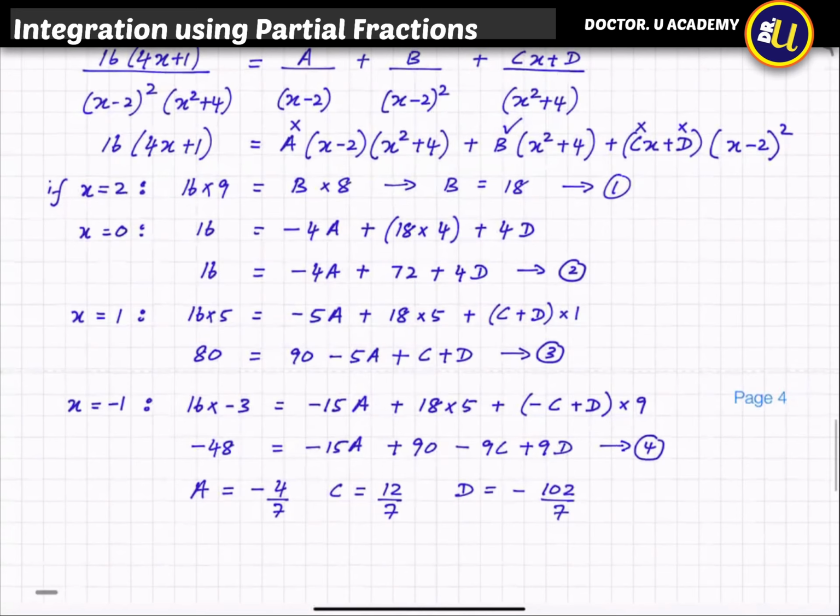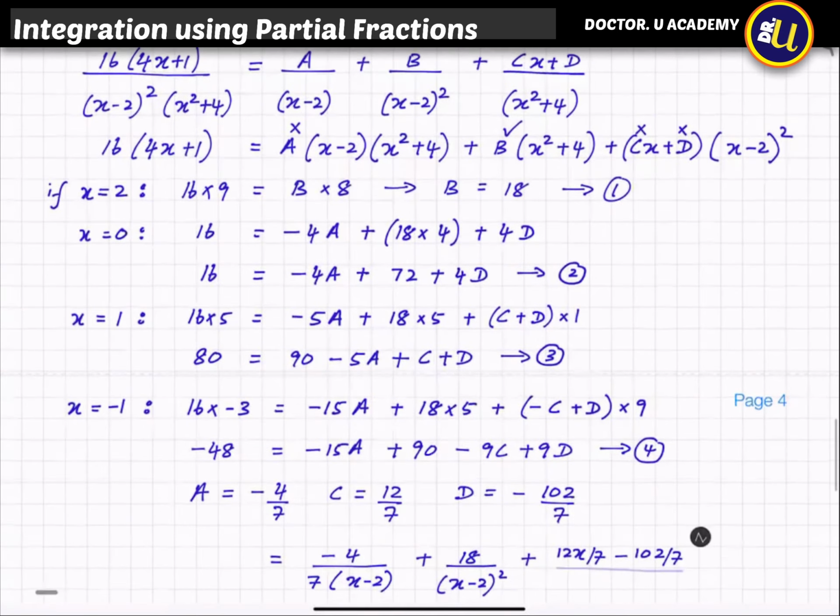So now we can rewrite our original expression: minus 4 divided by 7 times x minus 2, plus 18 divided by x minus 2 squared, then c is 12 divided by 7, so 12x divided by 7, and d would be minus 102 divided by 7, the whole thing divided by x squared plus 4.